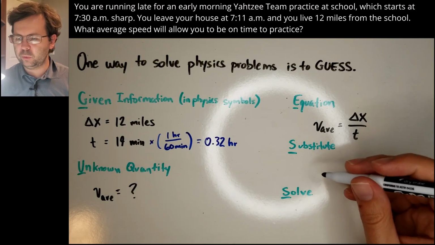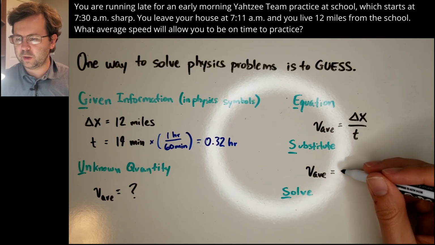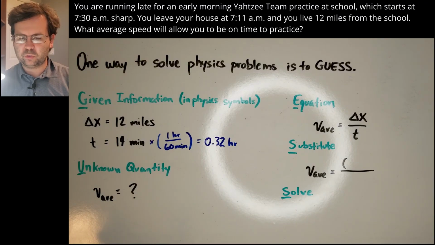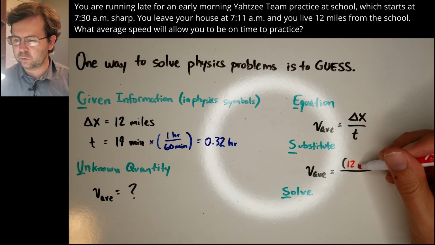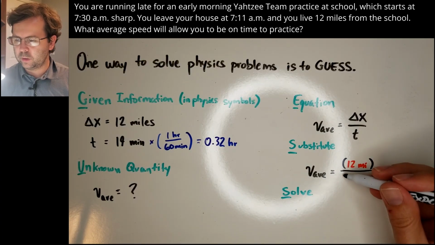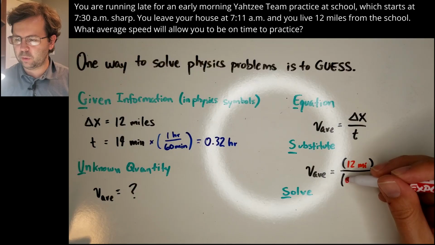Next, we're going to substitute. I'm going to rewrite the equation again, but instead of writing delta x, I'm going to substitute in the number, which is 12 miles for this particular problem. I'm using mi for miles. And I'm going to substitute in hours so I can have my answer in miles per hour.